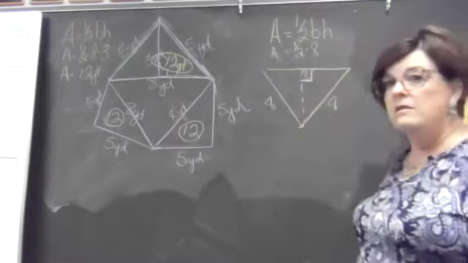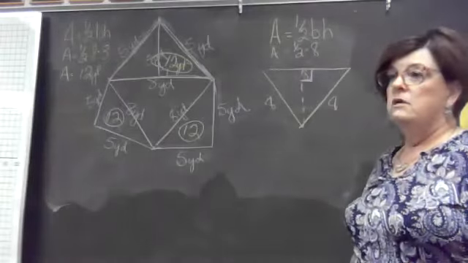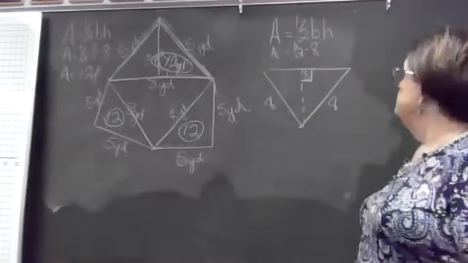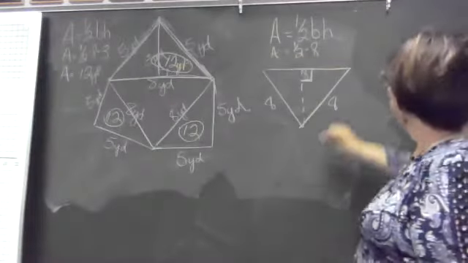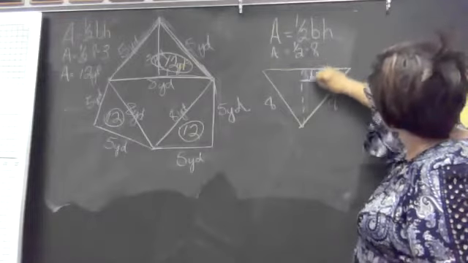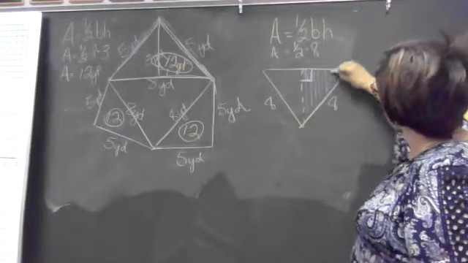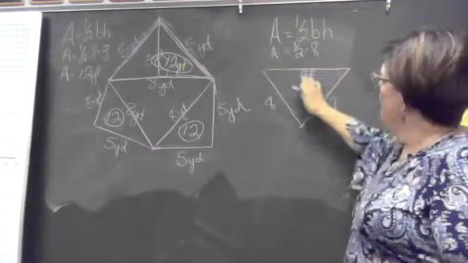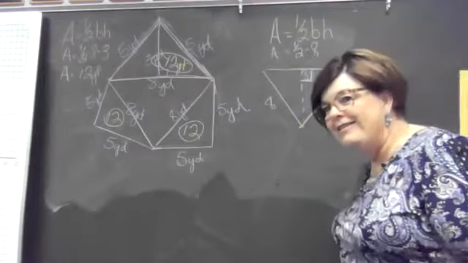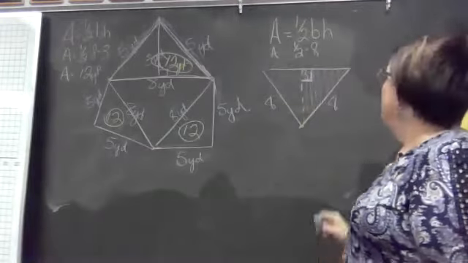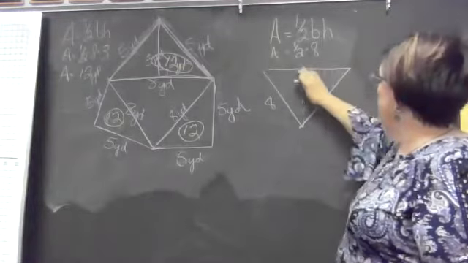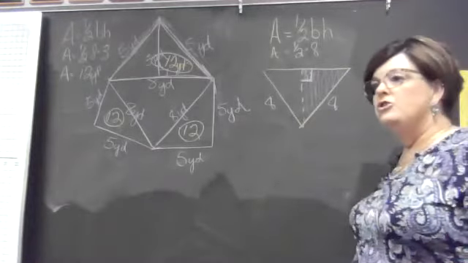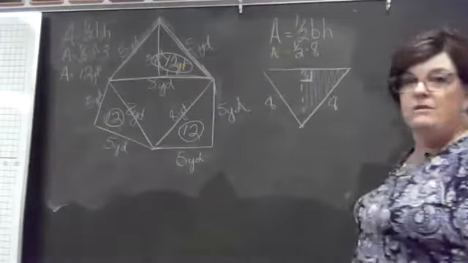I need to know the height, and I don't know it yet. So how are we going to find out? How about if we use a right triangle, and the way that we find the sides of a right triangle is our Pythagorean theorem.